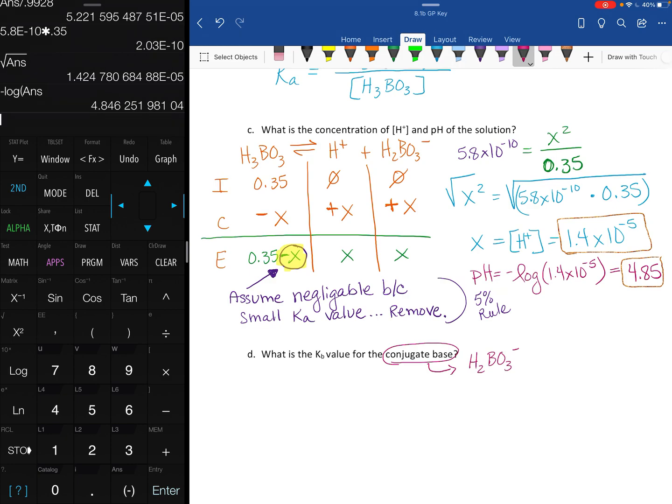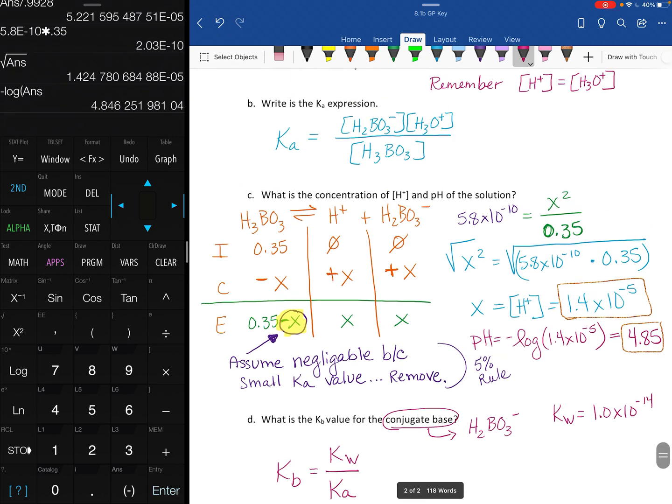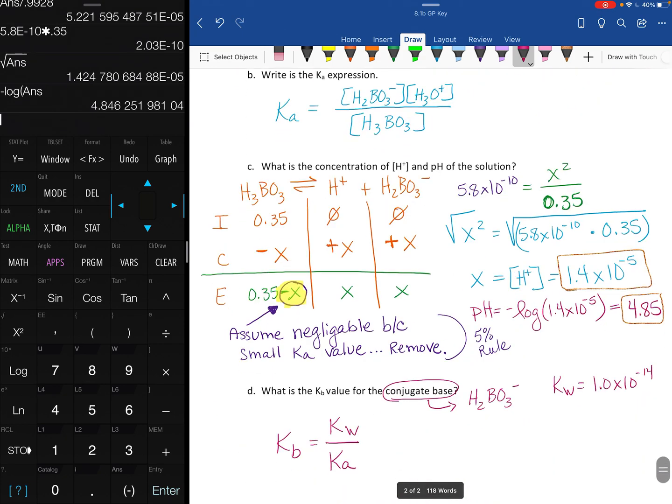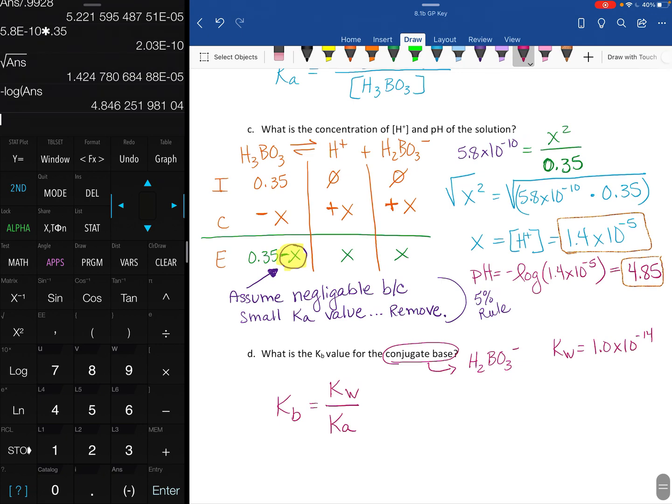In order to determine the Kb value, we take Kw, and Kw is a constant. It's always going to be 1 times 10 to the negative 14th. We're going to divide that by our Ka value. Our Ka value we saw up above was 5.8 times 10 to the negative 10th, where we're dealing with the same substances, so that's going to be the value.